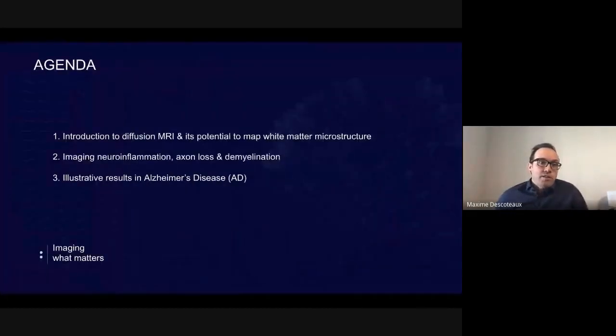So the agenda today is to go through a brief introduction to diffusion MRI, the basic concepts that you need to understand to see how we can extract measures of microstructure sensitive to inflammation, axonal loss, and demyelination. As an illustration of all this, I'm going to use Alzheimer's disease, AD, as an example, and the ADNI database, which is a public database with hundreds of subjects, to illustrate some of these measurements.